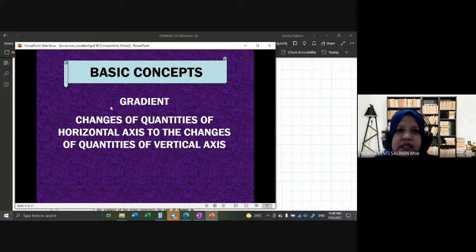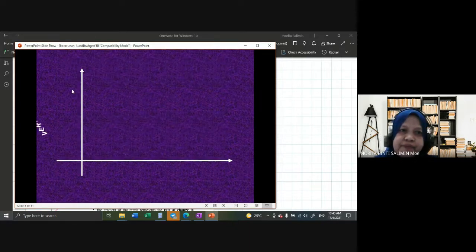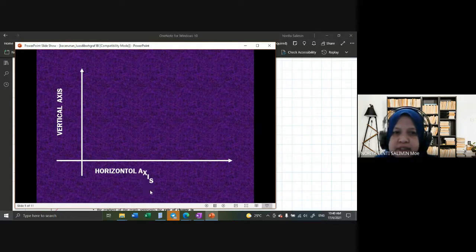Gradient is the changes of quantities of the horizontal axis to the changes of the quantities of a vertical axis. Okay, look at here. This is a vertical axis in y-axis, and this is the horizontal axis in x-axis.